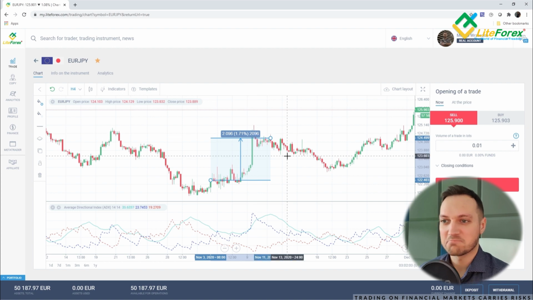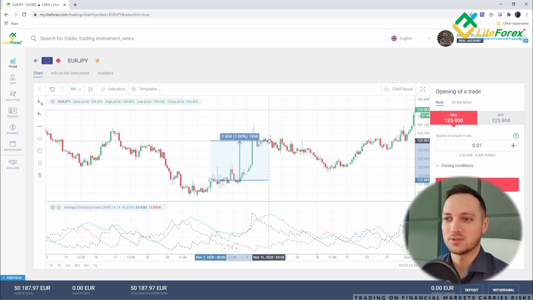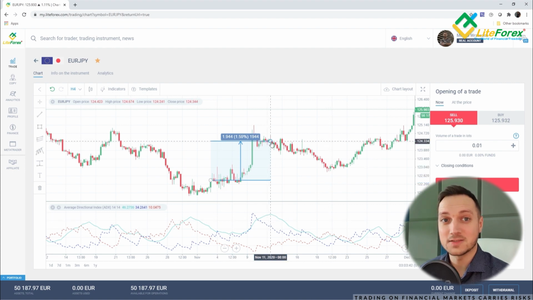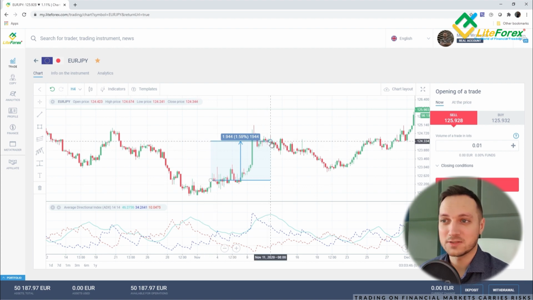So guys, if I would see a 200 pips profit, I would be cashing it and taking the cash with me home. I would be even exiting somewhere around here. I would not wait for the ADX to reach 50. So in this case we have two in one, the initial signal and the reversal signal.